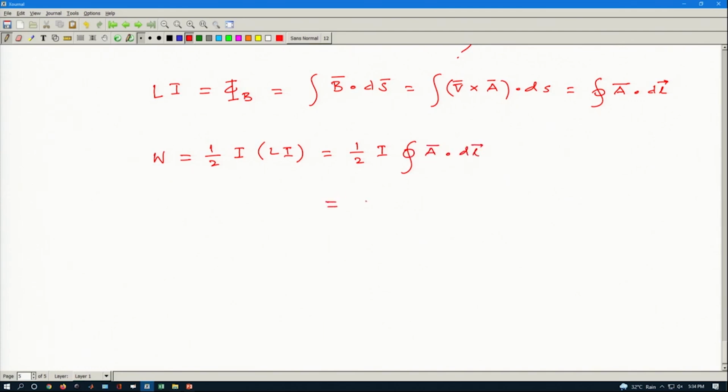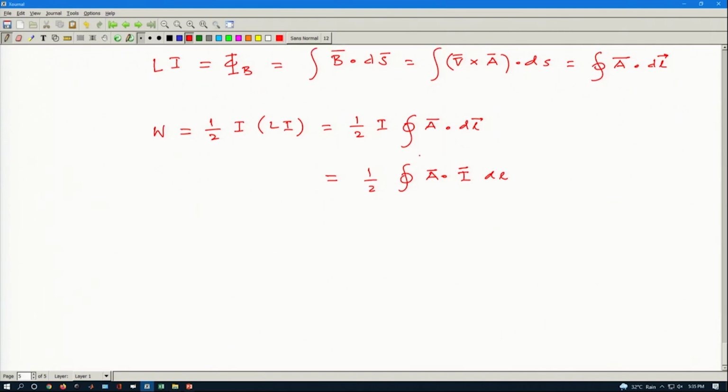I can put this I inside and write the integral of A dot I dl, making I a vector, because I and dl are in the same direction. So, this is the expression of the work.